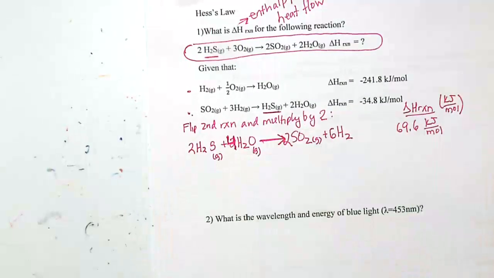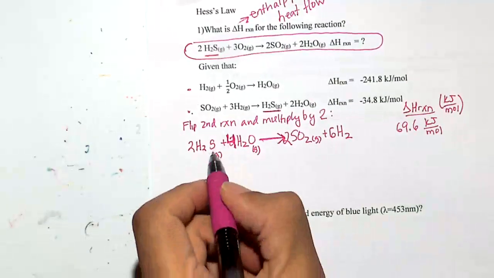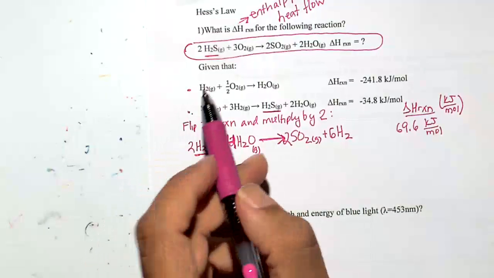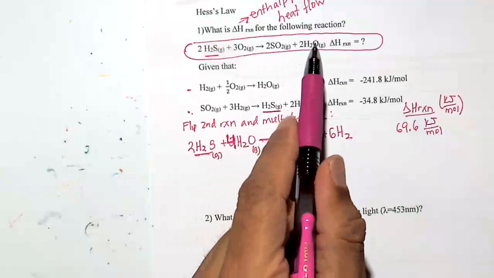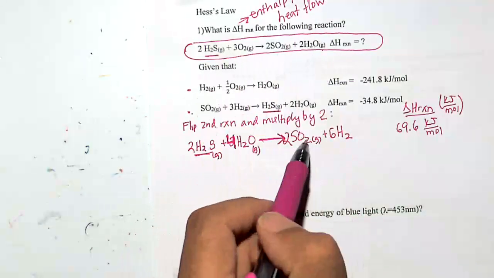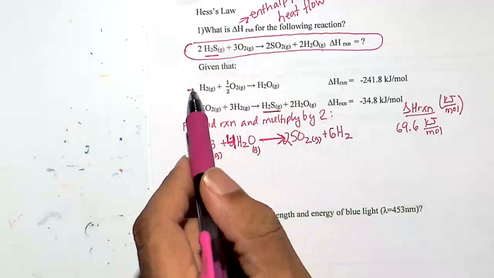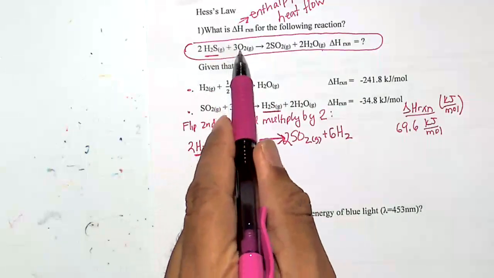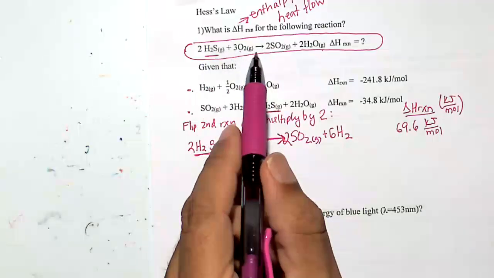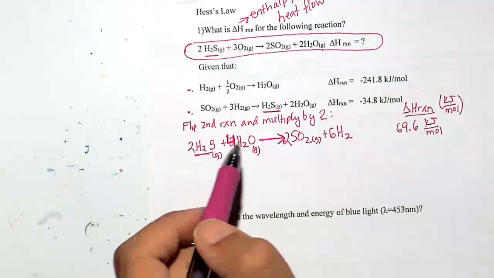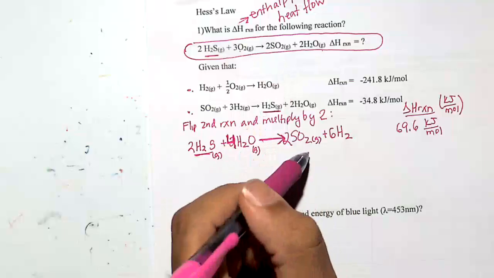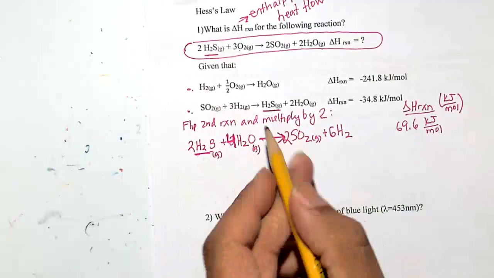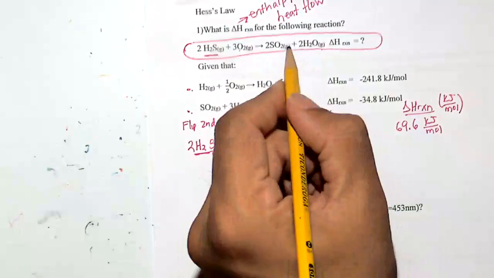All right, so what's next here? That's done. I need an H2 here. So what should I do to this equation? I need 3 oxygens, and I need 2 SO2, but I got 2 SO2. So what should I do with the first one?